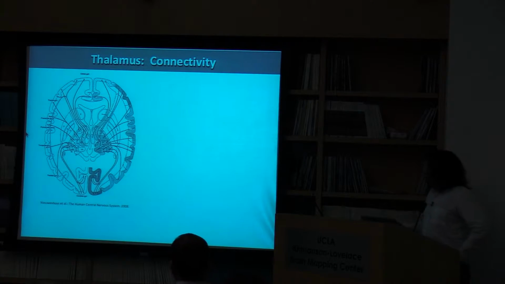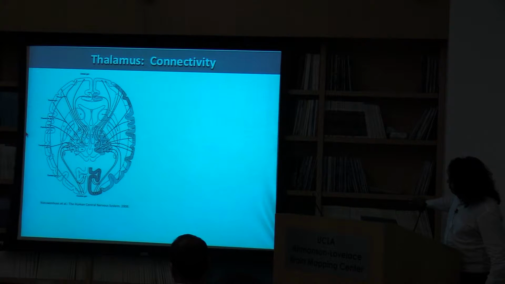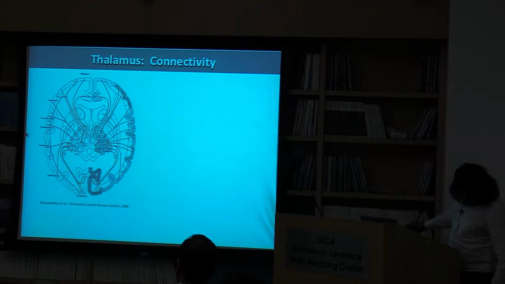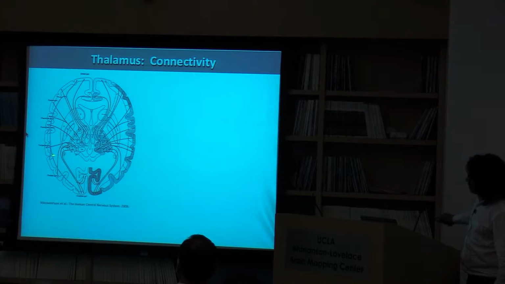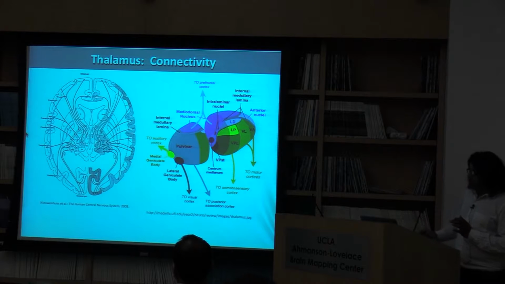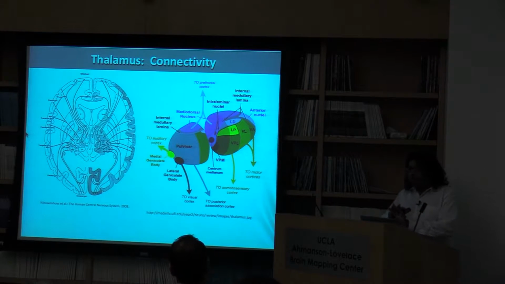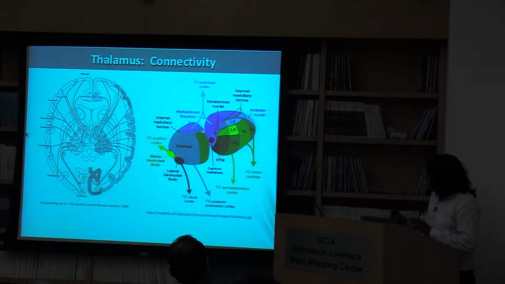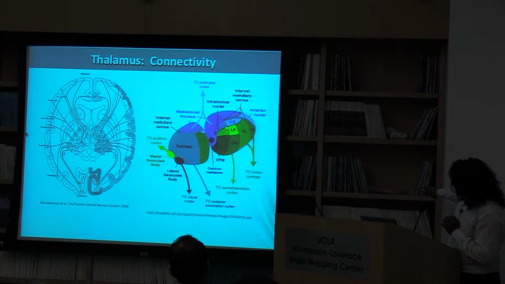A closer look at the thalamocortical connectivity pattern is given in this schematic drawing by Professor Nieuwenhuys, in which you see different thalamic nuclei and their specific cortical projections. And on the right side, you see a 3D scheme of the thalamus, which depicts different thalamic nuclei and displays different compartments, which project to different cortical areas.